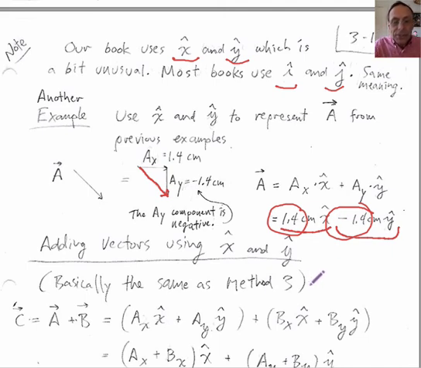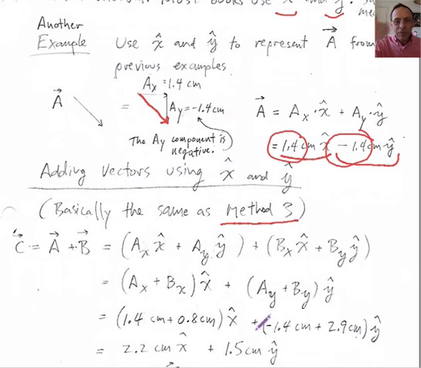Okay, so now let's look at how you add two vectors using the x hat and y hat components. So this method is really the same as method 3, but we're taking it a little bit further in the direction of putting in numbers.